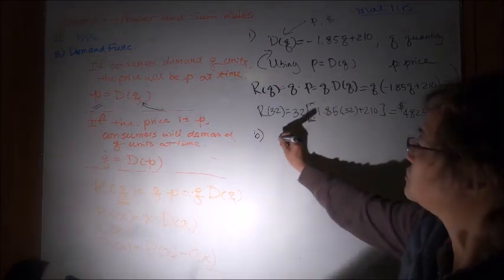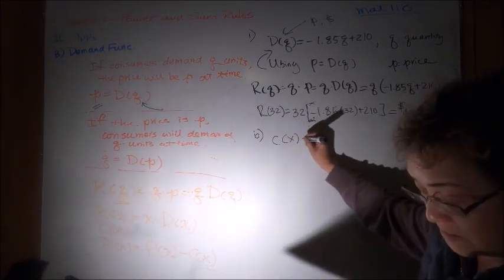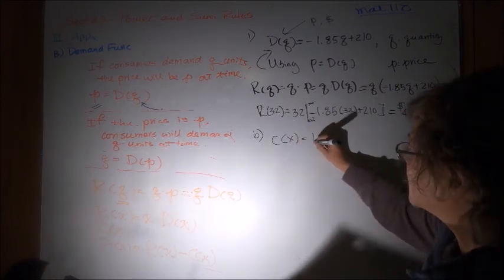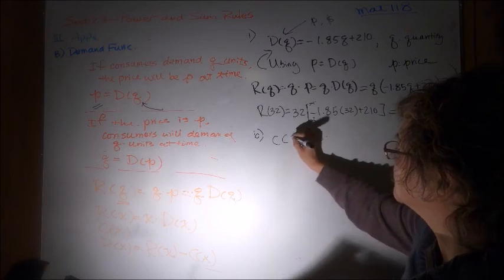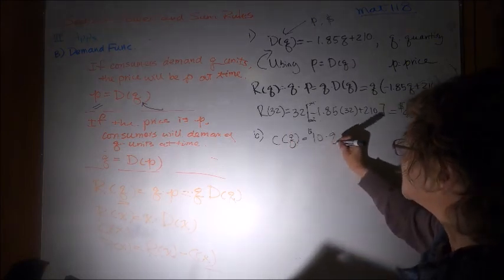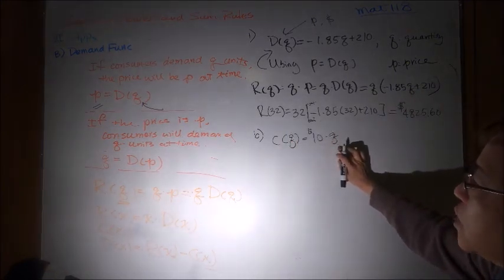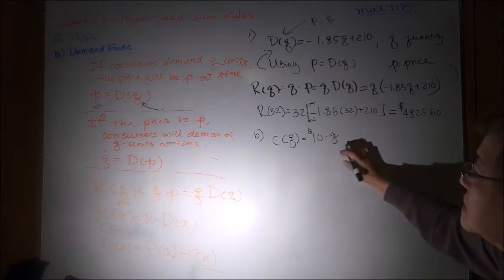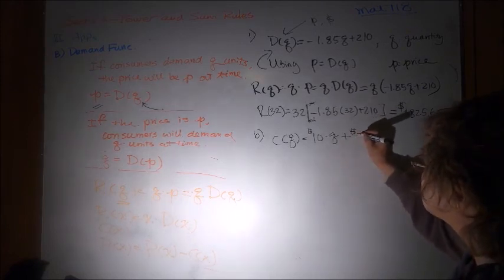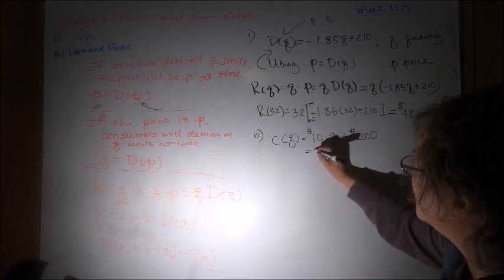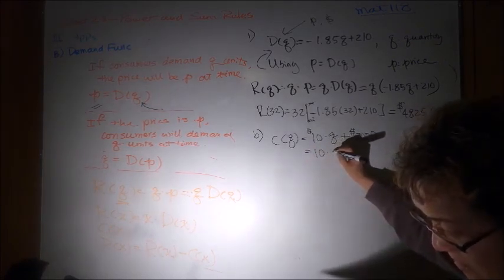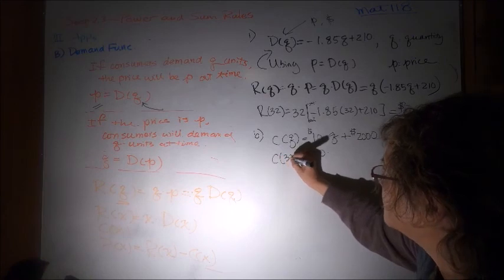$10. So your cost function is supposed to be what? $10 each times what? Let's use Q, okay? Times Q, how many items you produced, then plus fixed cost 2,000, right? Now how many items do we sell? 32, right?